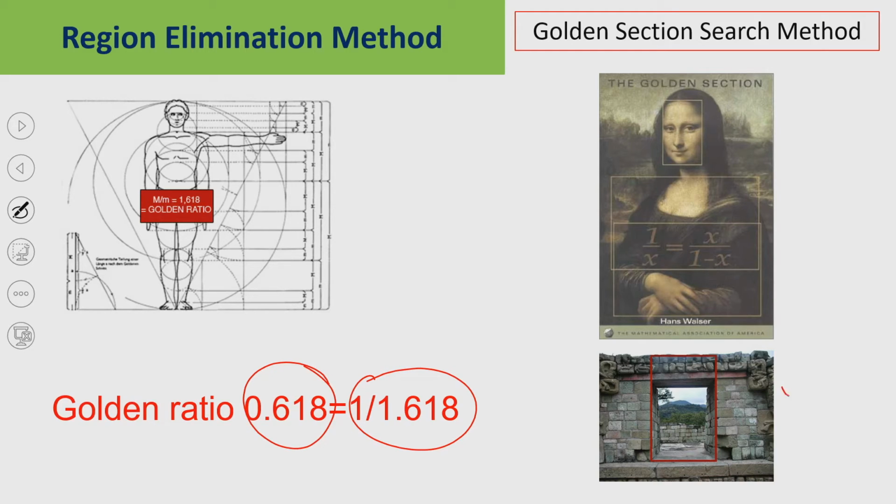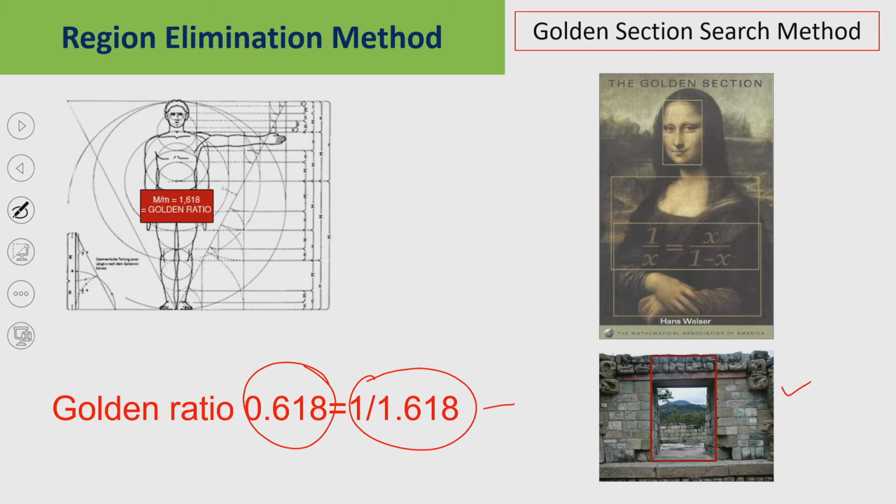If you look at old structures, you can also observe that these ratios are maintained, and therefore this number is known as the golden number. In nature, many dimensions follow this particular number. In optimization methods also, we can apply this number and eliminate the region.